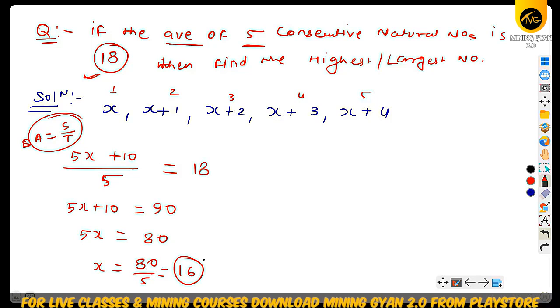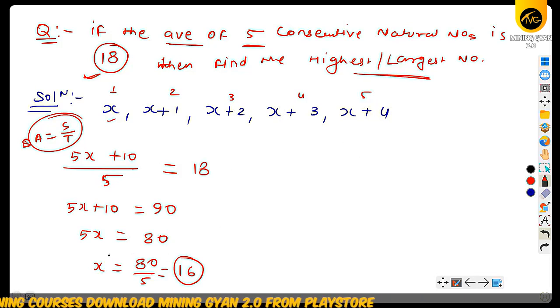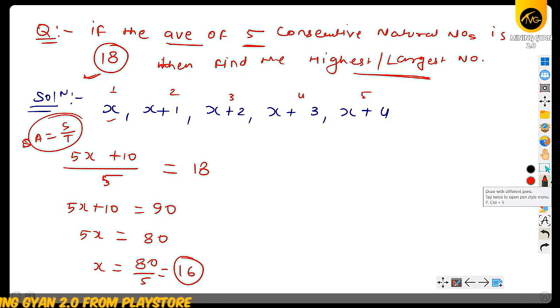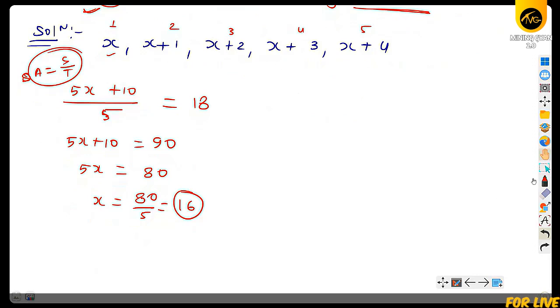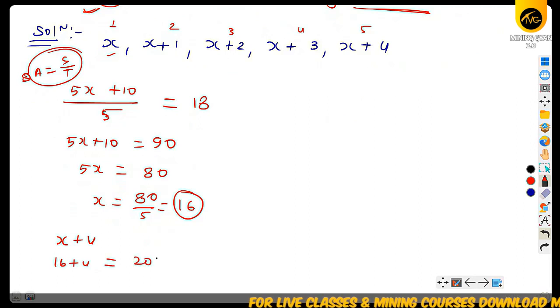But actually the answer is not 16, because x is the smallest number. We have to find the highest or largest number, that will be x plus 4, 16 plus 4, that is 20. Sankar Singh, correct. 20 is the correct answer, the largest number.